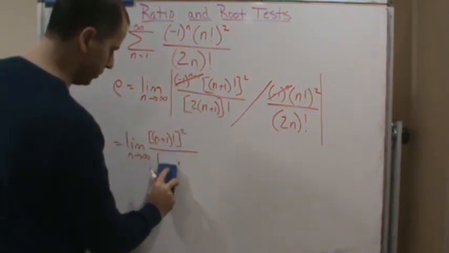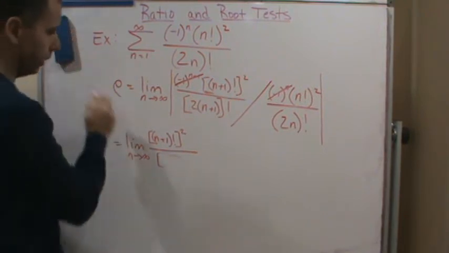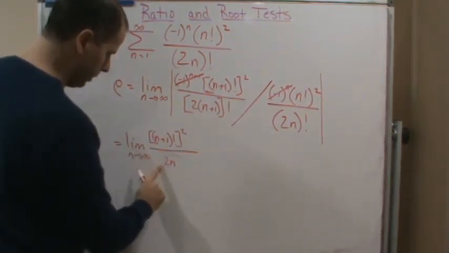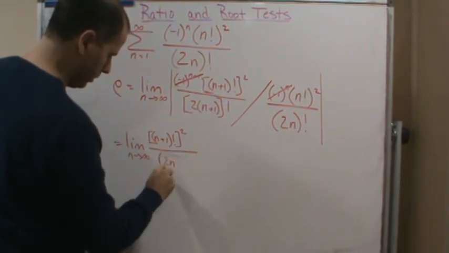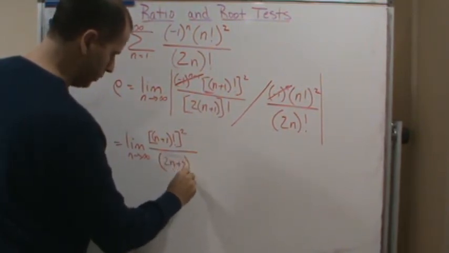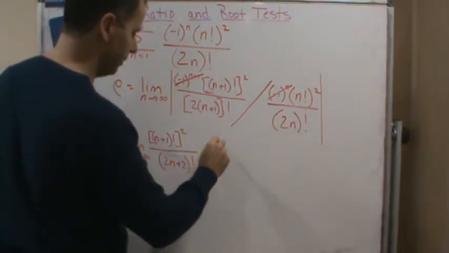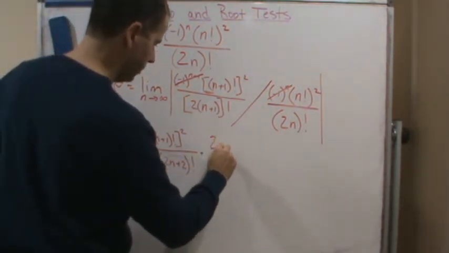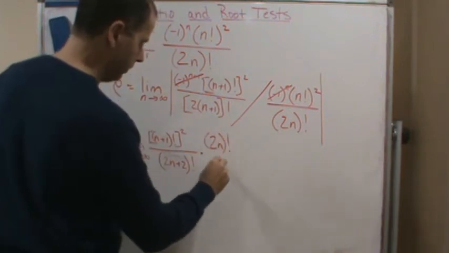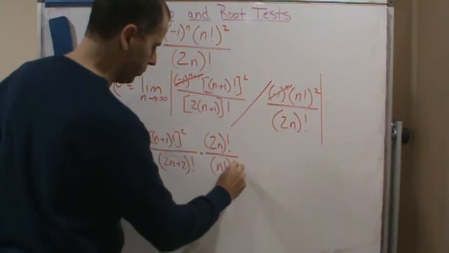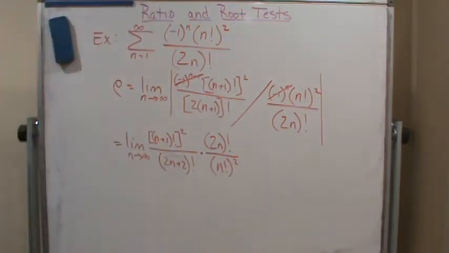I'm going to distribute the 2, so that's going to be (2n+2) factorial, and this is going to be times (2n) factorial over (n factorial) squared.